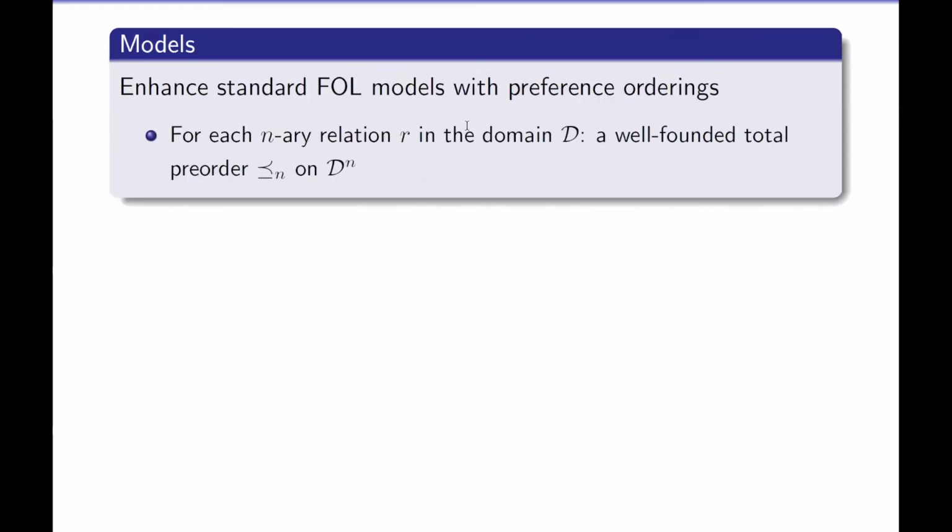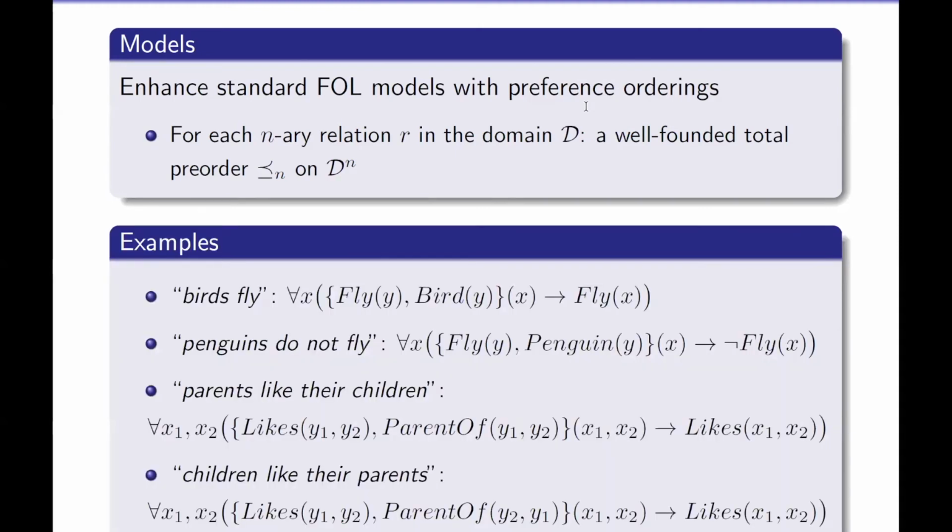As for the models, as we previously stated, they are enhanced with preference orderings, well-founded total preorders, one for each relation in the domain. Some examples of this new logic then are the following.